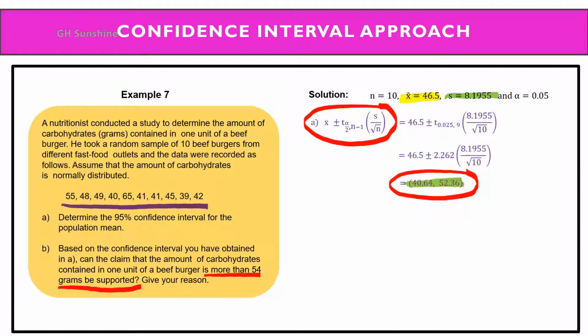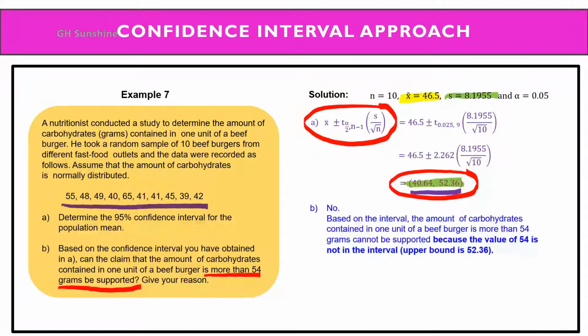So 54, is it in the interval or not? No. Therefore, based on the interval, the claim that the amount of carbohydrate contained in 1 unit of a beef burger is more than 54 grams cannot be supported. Why? Because the value of 54 is not in the interval. So this one, we apply the confidence interval approach to test the claim.